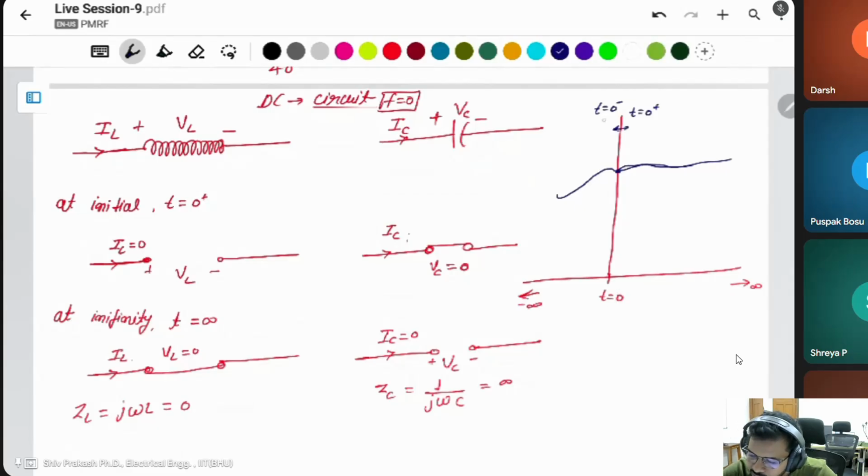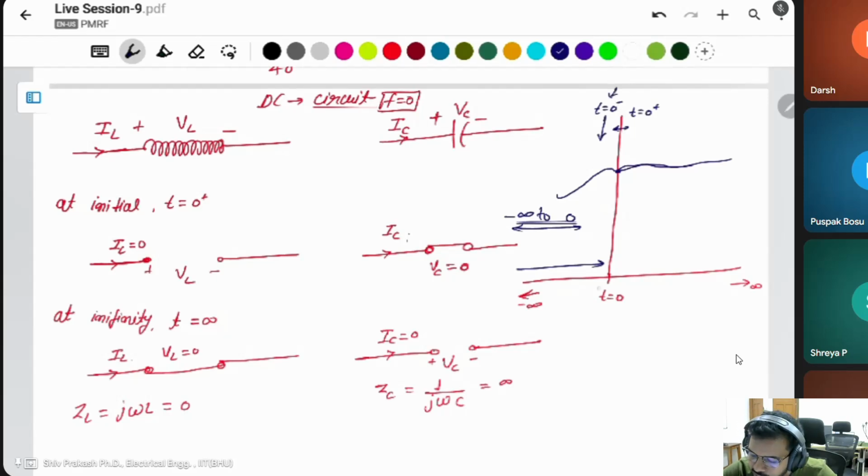It means at t is equal to 0 minus, this circuit is behaving like a steady state for this time period, minus infinity to 0. This is also a long time. You can say 0 minus is the steady state for that circuit.